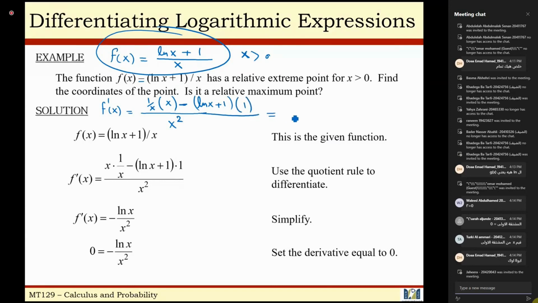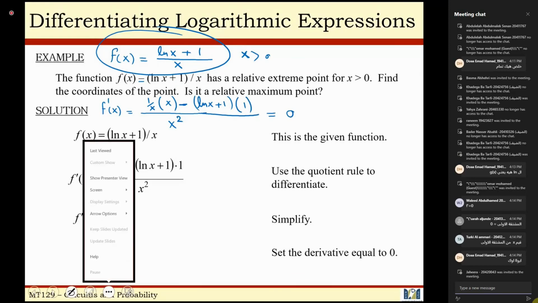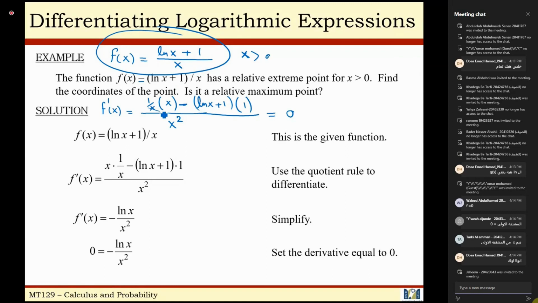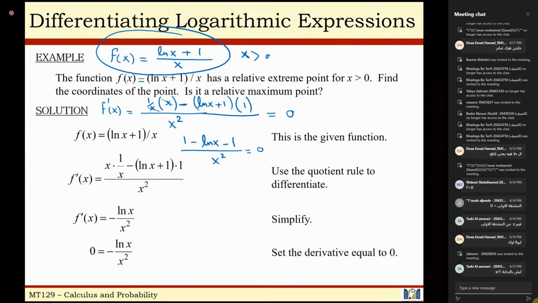All of these equal what? Equal 0. When we simplify this one, we have x, remove x with x, so we have 1 minus ln x minus 1 over x square equal 0. Okay, so any fraction equals 0, so we have the denominators equal 0.